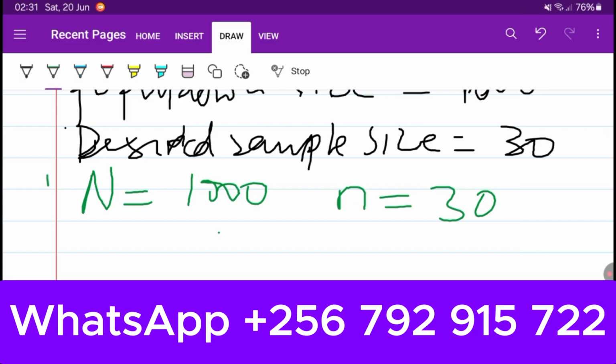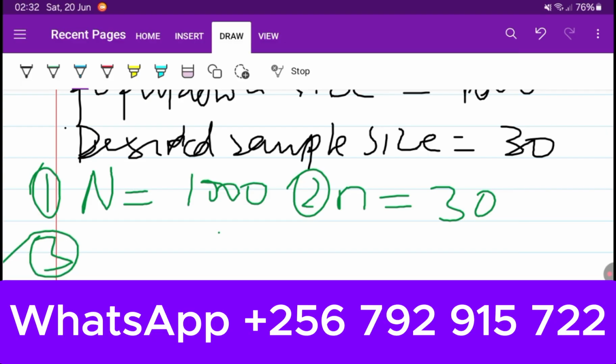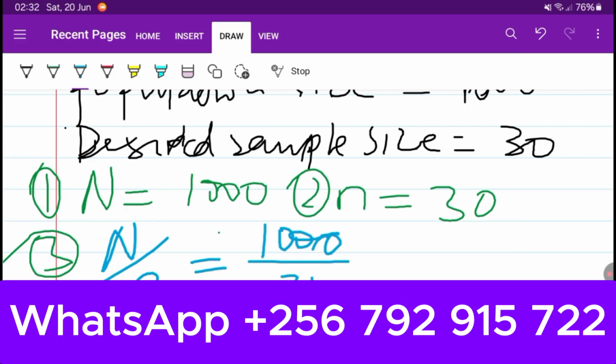This was the first step. This is the second step. Now the third step is for us to compute N over n, population over the sample size. So we get 1000 divided by 30.